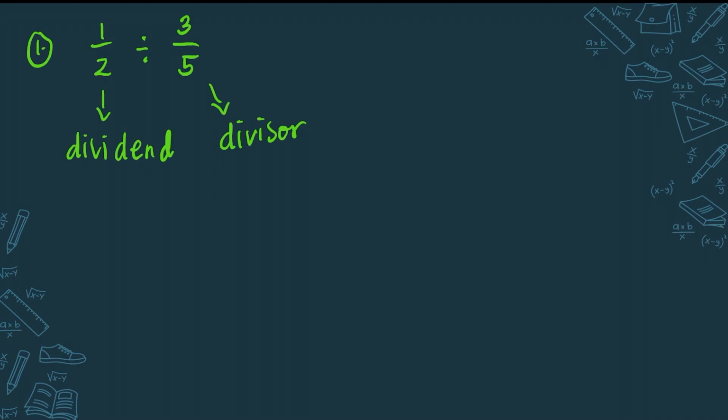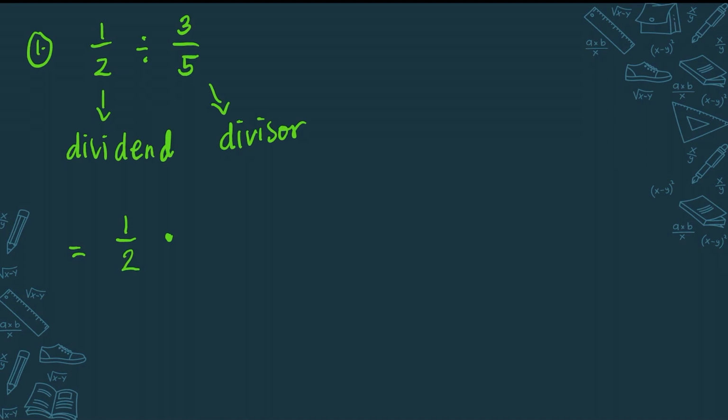So how do we divide fractions? First, you identify which one is your dividend and your divisor. Second, you copy the dividend, change the operation division to multiplication, and then get the reciprocal of the divisor.